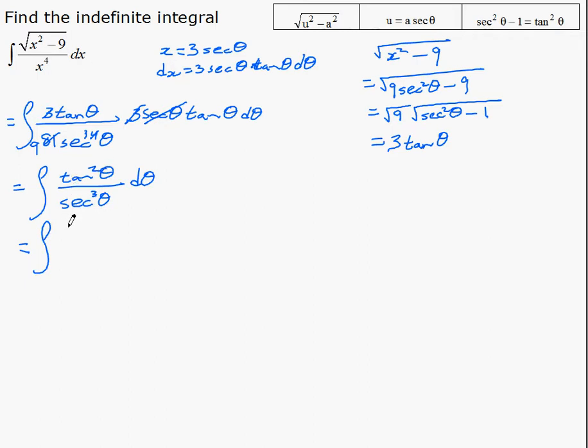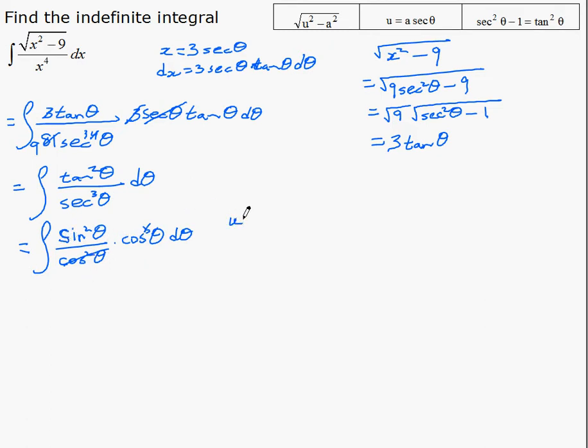So tan squared is sine squared theta over cosine squared theta. 1 over secant cubed is cosine cubed theta d theta. Cosine cubed cancels with cosine squared to leave a cosine. So we have sine squared multiplied by cosine.